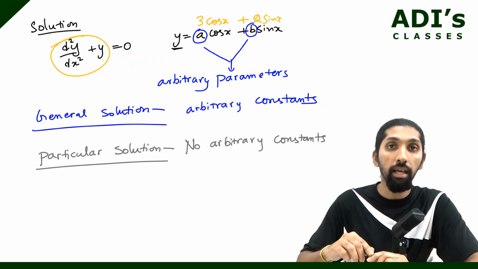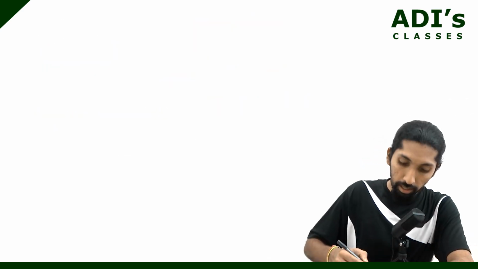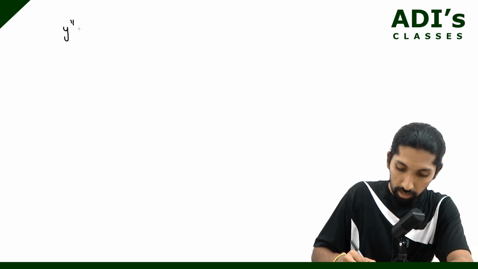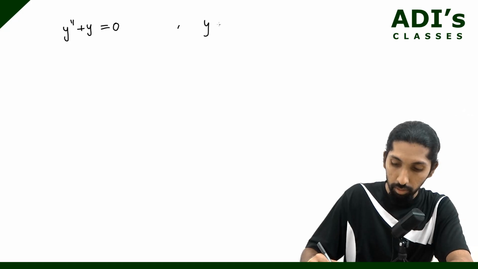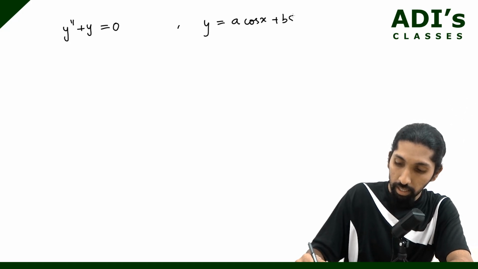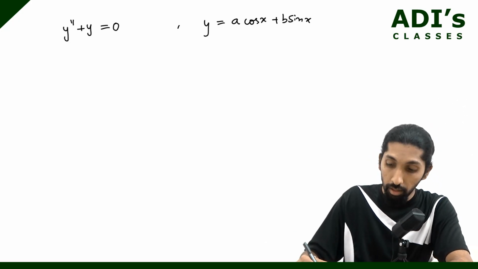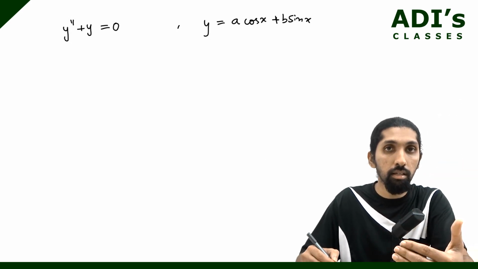Now let me show you one example of how we are going to solve this. You have the differential equation y double dash plus y is equal to 0, where y is equal to a cos x plus b sin x, the example we just took. Now, think about it. Is this a general or a particular solution?